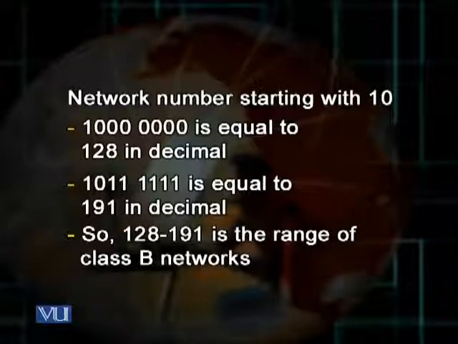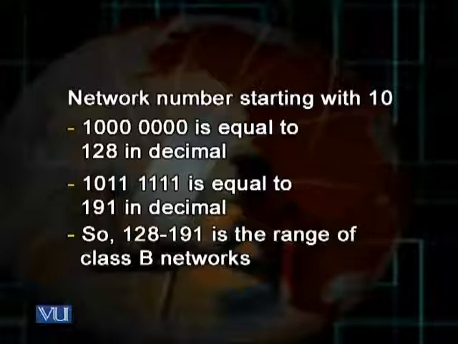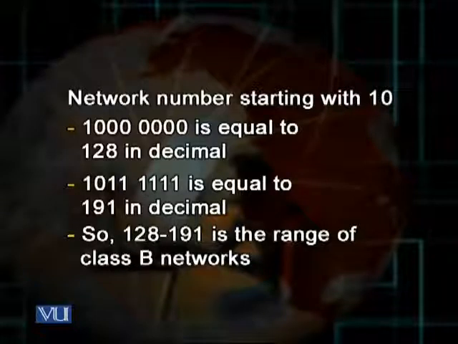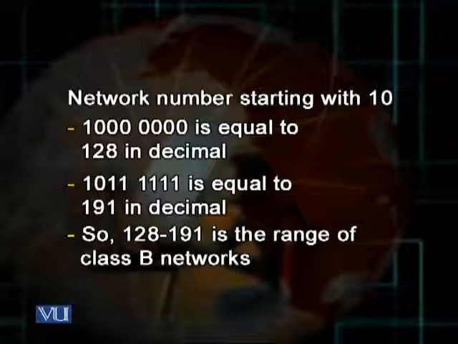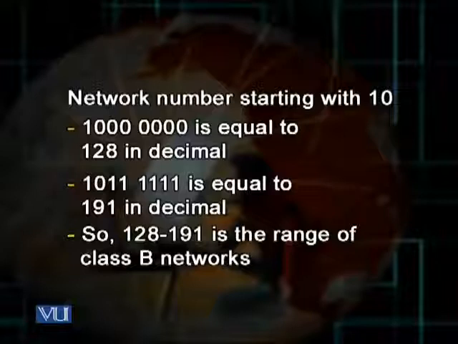In other words, I can say that the first byte can generate 64 different options for me in terms of class B network addresses, whereas I keep the second byte as constant. I don't change 45, I keep 45 as constant in the second byte, and I keep playing with the first byte, and there are then 64 different possibilities which I can generate from just the first byte.